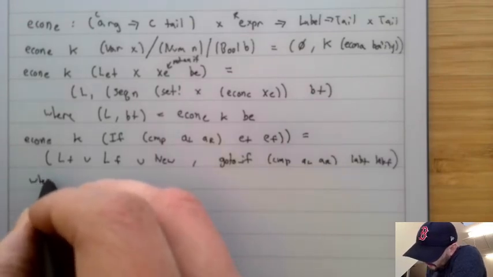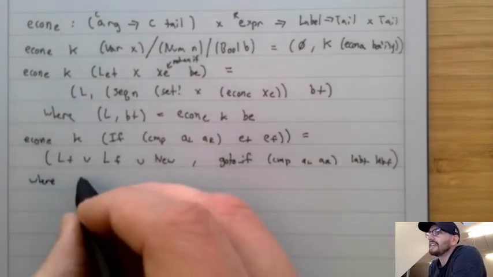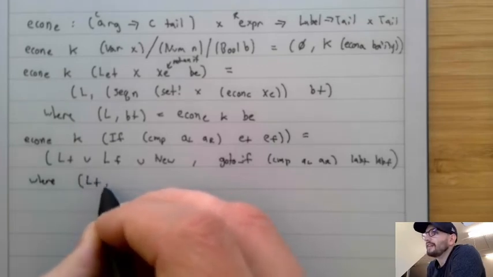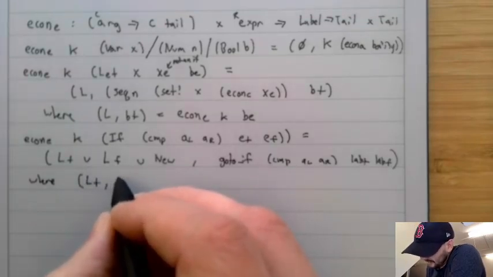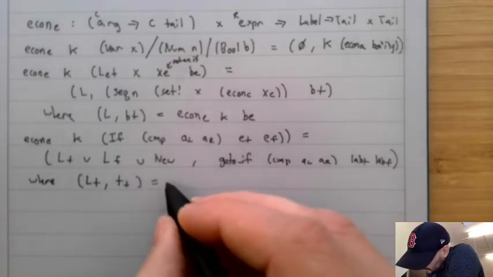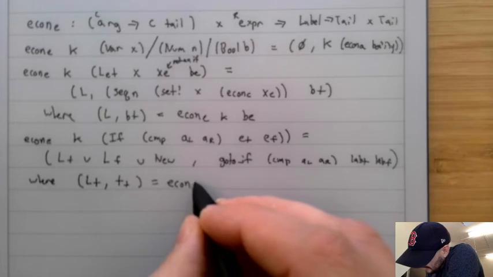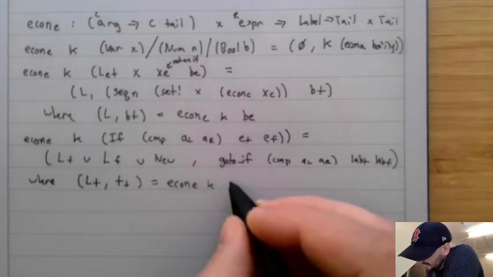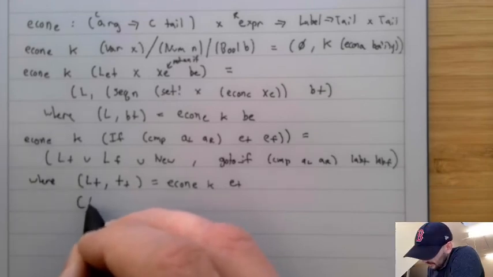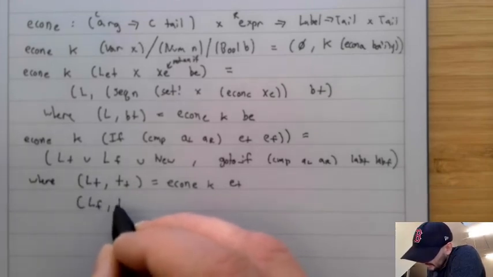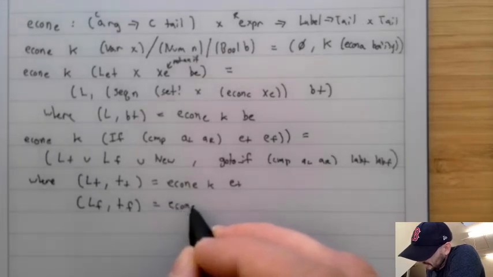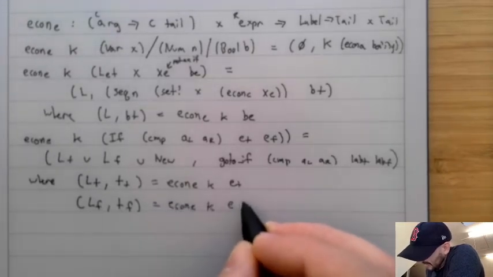All right, now the new labels for the true side and the tail for the true side are the result of calling econ e k on the expression on the true side, and the labels for the false side and the tail for the false side come from calling econ e with k and ef.